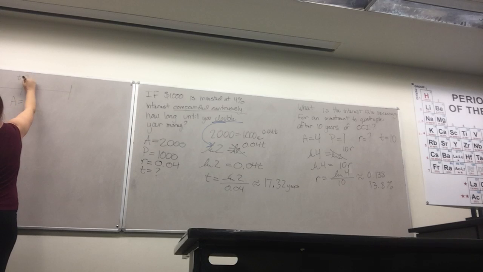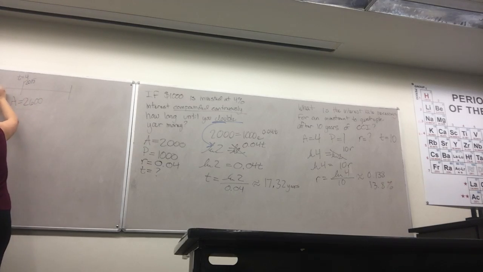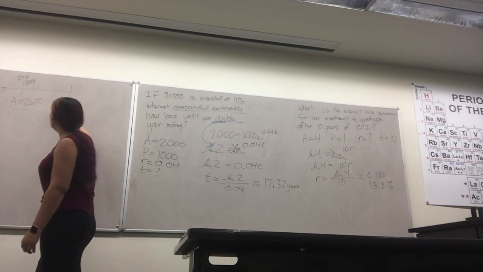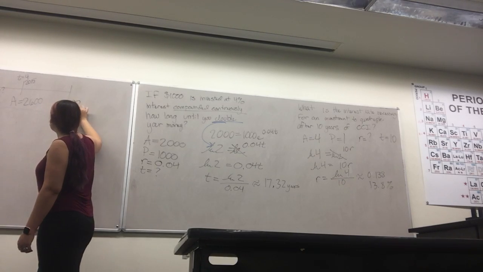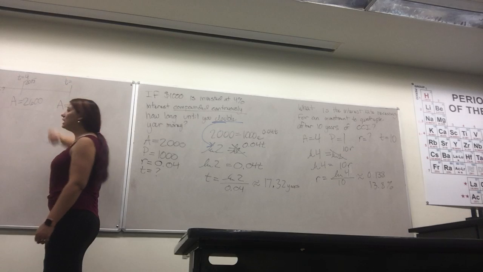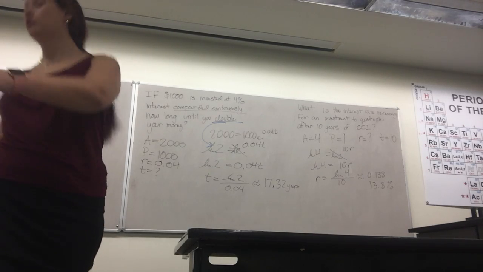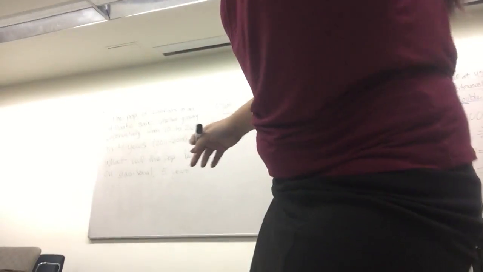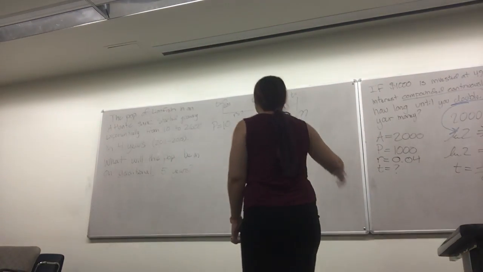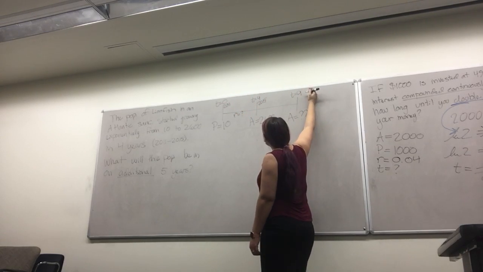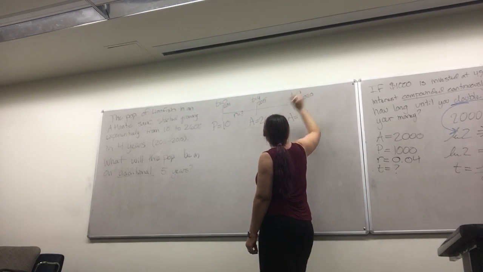So in 2015, it was 2,600. I always put R here. We do not know it. However, we want to ultimately know this. When t is equal to what? 9, because it's an additional 5 years from the 4. So a total of 9, and that would be 2020.